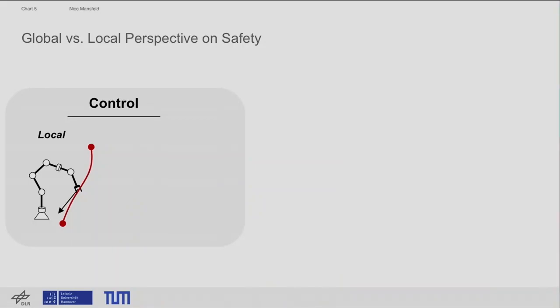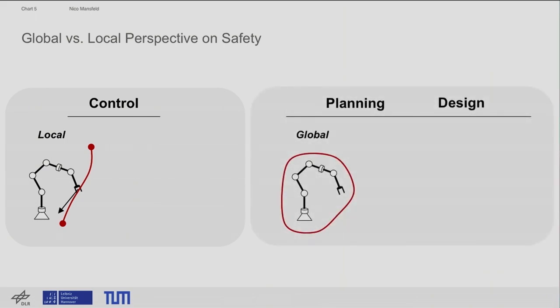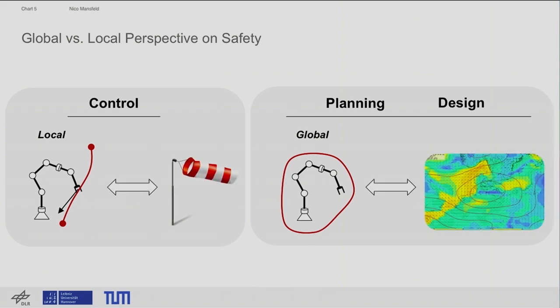So control can be considered from a rather local perspective, while planning and design have to be treated from a global perspective. And we can make one analogy at this point. If you consider a weather forecast, then you can determine the weather at one particular location, but you can also collect the measurements from various locations in order to generate the entire map.